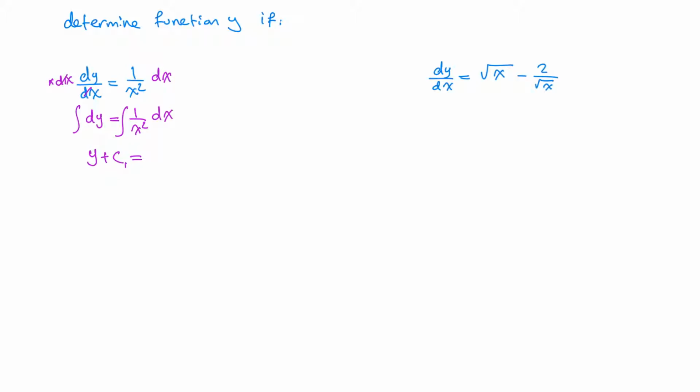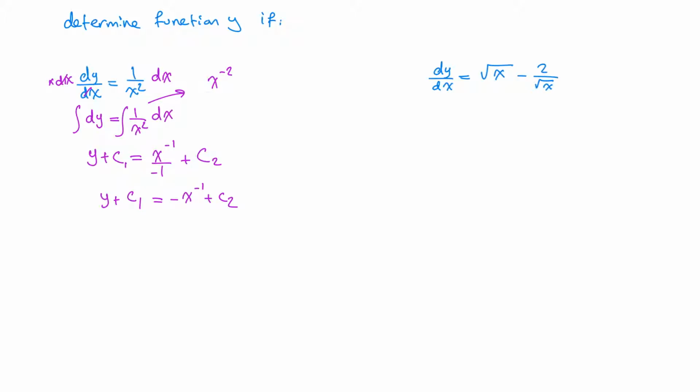And on this side I have the integral of 1 over x squared. 1 over x squared is the same as x to the exponent negative 2, so I have to add 1 to the exponent, so I get x to the negative 1 divided by negative 1 plus a constant c2. So then I get y plus c1 is equal to negative x to the negative 1 plus c2.